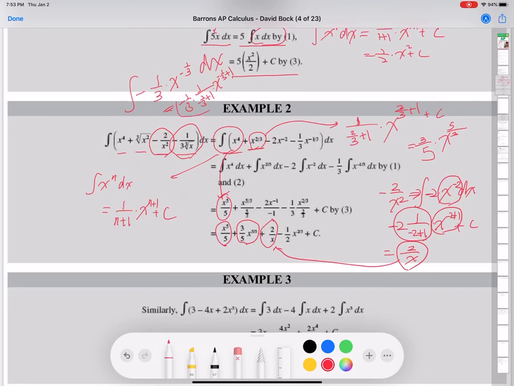This part can be just negative 1/2, and then this part is x to the 2/3 power. So there is negative 1 over 2, x to the 2/3 power. So last part is going to be here. And then add integral constant c. So this is the final answer. Just find each part's integral using the same formula.